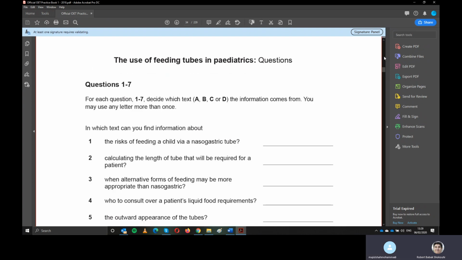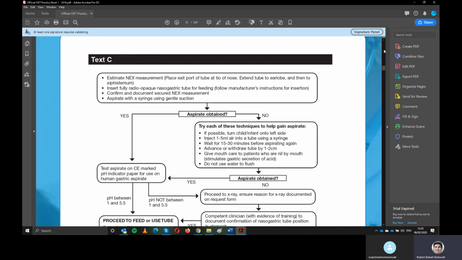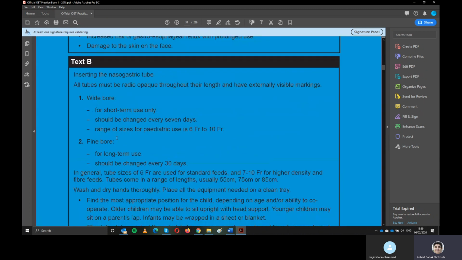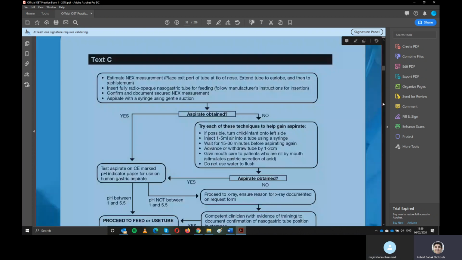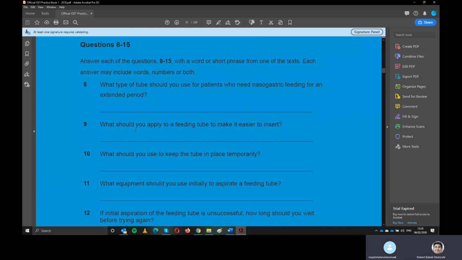I can actually say without seeing that it has a big one. For long-term use, the fine bore. For long-term use, so the fine bore, the answer is fine bore, okay? Agree? What should you apply?